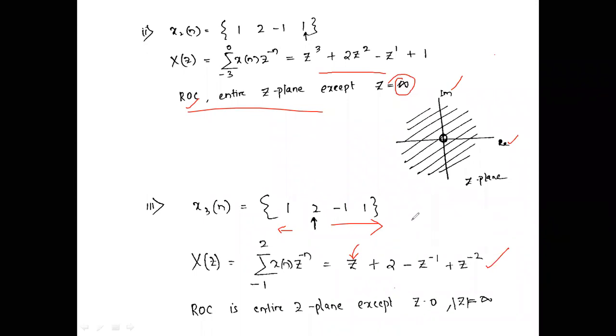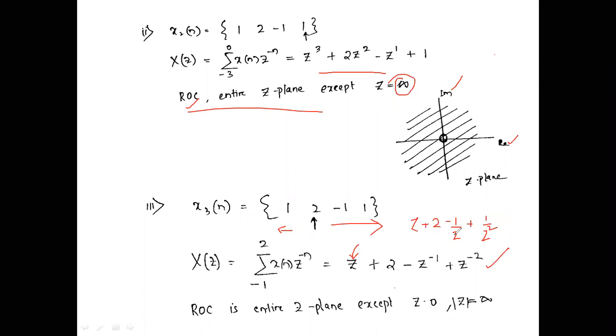X of z is z plus 2 minus 1 divided by z plus 1 divided by z square. With this particular expression, let us understand what is meant by ROC. If I substitute z equal to 0, what's going to happen?